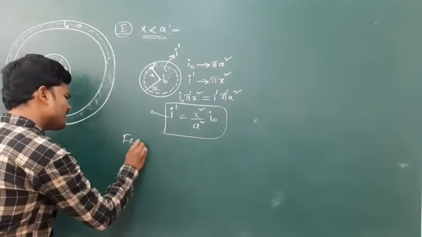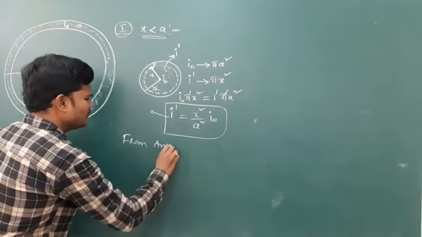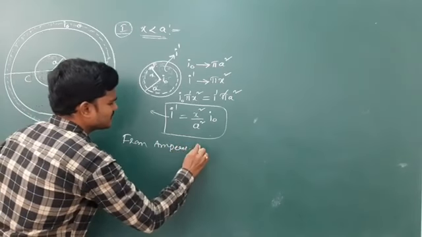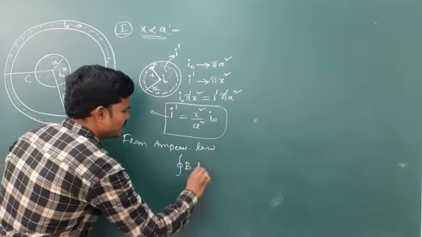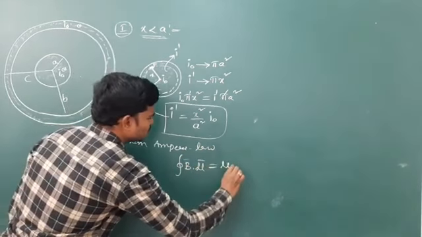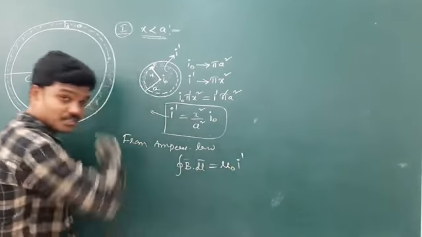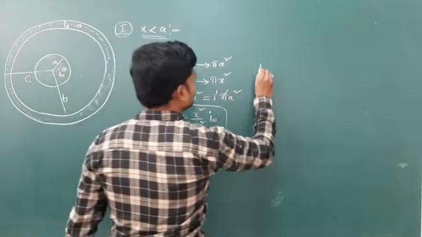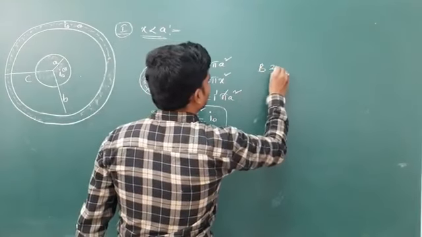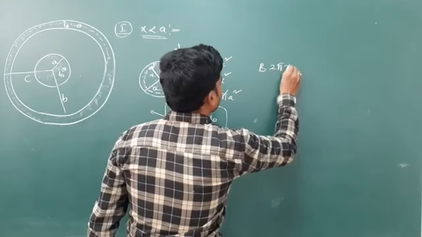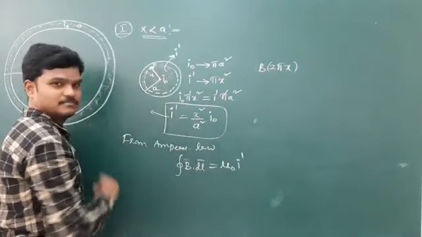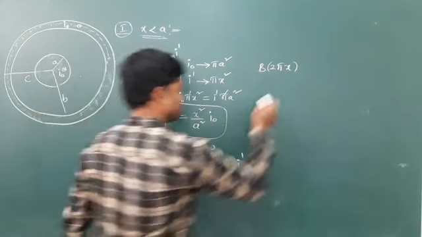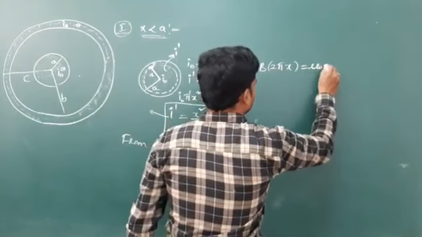So from Ampere's circuital law, integration of B dot dl is equivalent to mu naught I enclosed. So this can be written as B into dl, which is nothing but the circumference, 2 pi x, equals mu naught I dash.